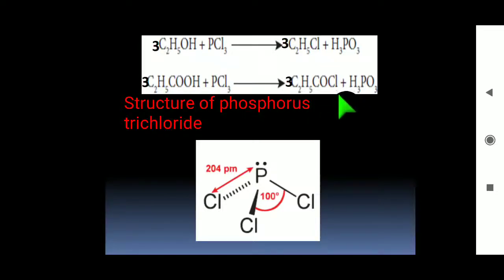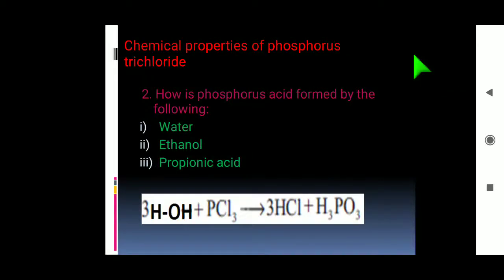We can get C2H5COCl and phosphorous acid. In the place of hydrogen, C2H5CO. So once we write the first equation, we can get the ethanol reaction and the propionic acid reaction with phosphorus trichloride.